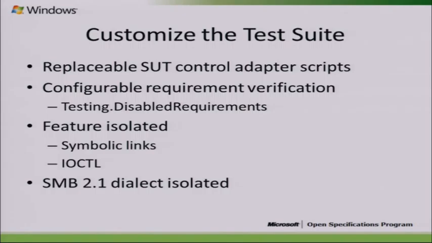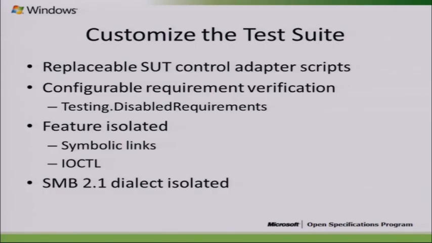Our SMB2 test suite supports customizing your own test cases. The SUT control adapter is implemented by PowerShell scripts, and you can replace them with your own scripts and commands. Assume that you have a requirement that blocks all or some of your test case execution.